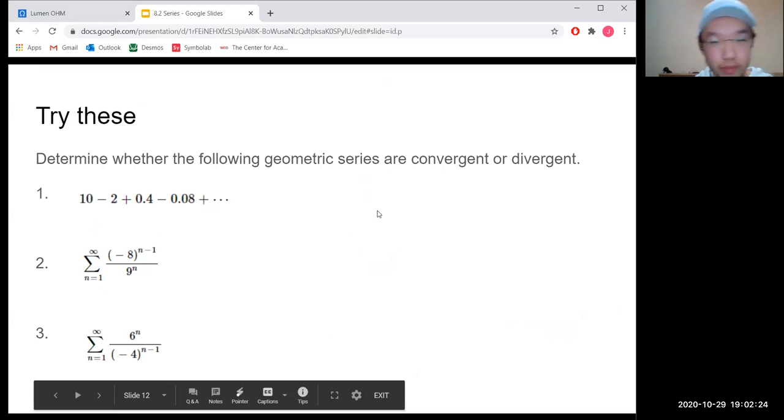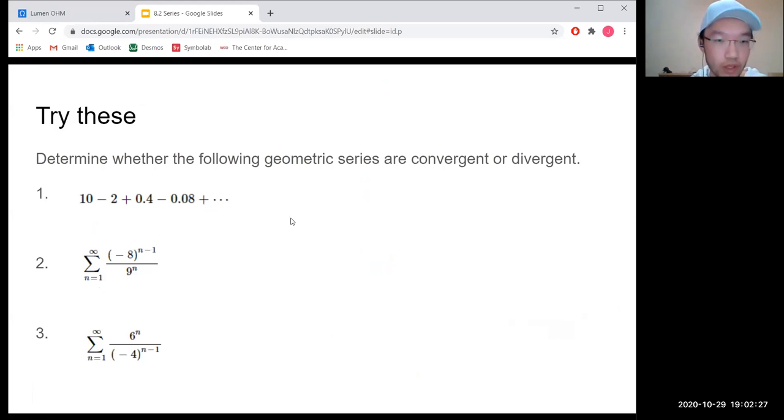I have some practice for you guys. These are questions I took from your homework, so why don't you try these since you're going to have to do them eventually anyway. It's the same as what we've done: geometric series, determine whether it's convergent or divergent. These are easier.